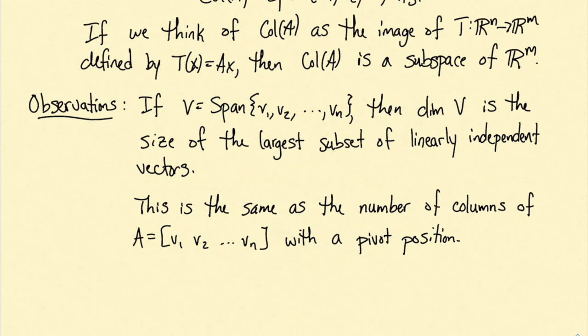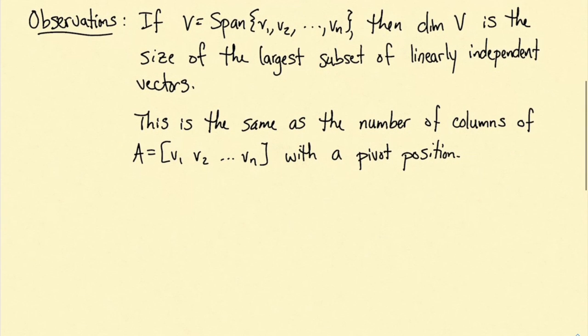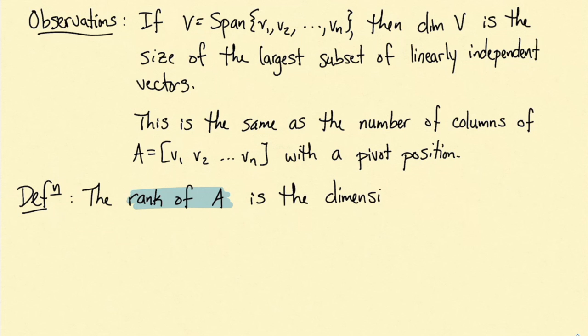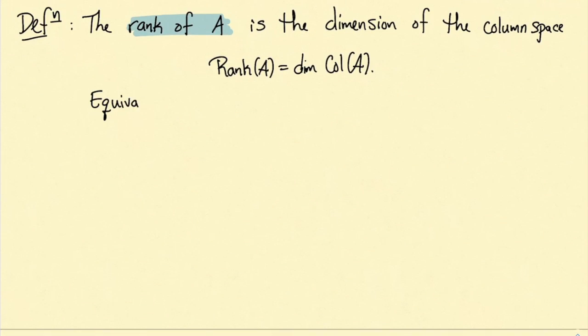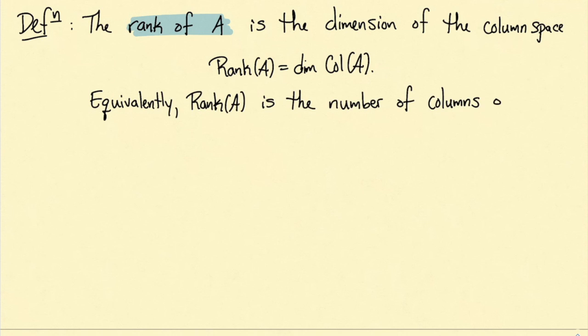This is an invariant of a matrix, and an important one, and we call it the rank. So the rank of A is the dimension of the column space. That is, the rank of A is equal to the dimension of the column space of A. Equivalently, the rank of our matrix is the number of columns of A that contain a pivot position.